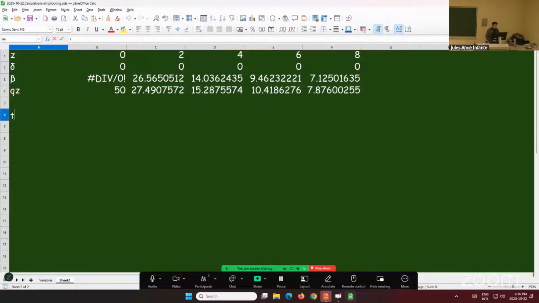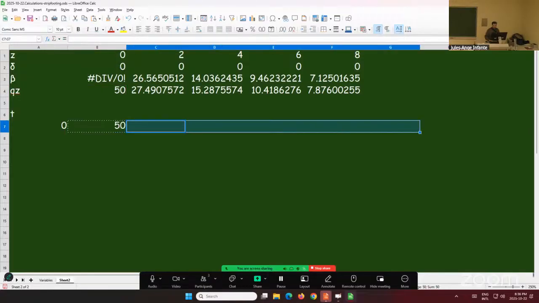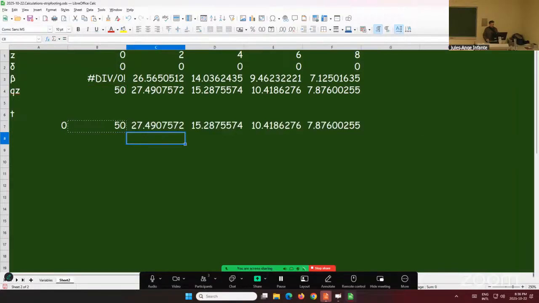So at time zero, of course, our initial pore water pressure excess is given by these values directly.